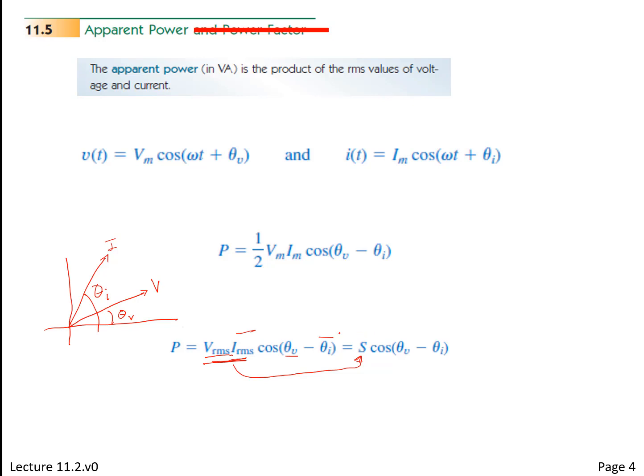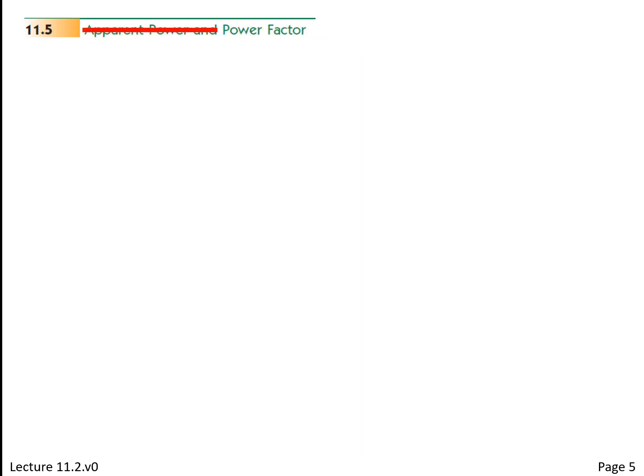There's no rule that says one of these has to be sitting down here on the real axis. They can be wherever they're going to be. So to emphasize, that much is the apparent power. That's just a definition of a term. Okay, so we're done with apparent power. Easy, huh? Now let's go to power factor.